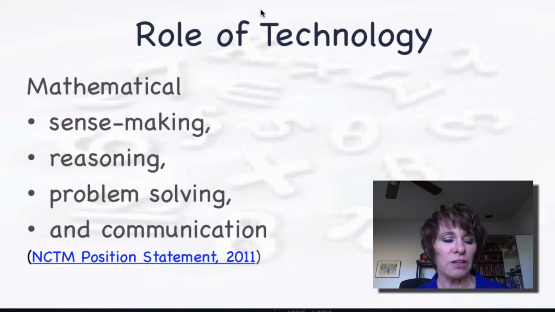When technology is used strategically, it can provide greater access to mathematics to all students. So the role of technology from NCTM's point of view and from the point of view of this course is that the technology should be used to help students make sense out of math, to help them reason or explore and problem solve, and to help them communicate about math. It should not be passive.